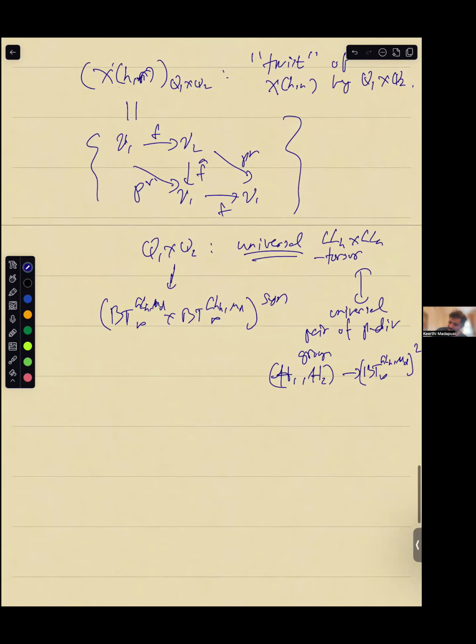And I can do this construction. So I can look at XHR and I can twist it. So this is some space that lives over this diamondification.